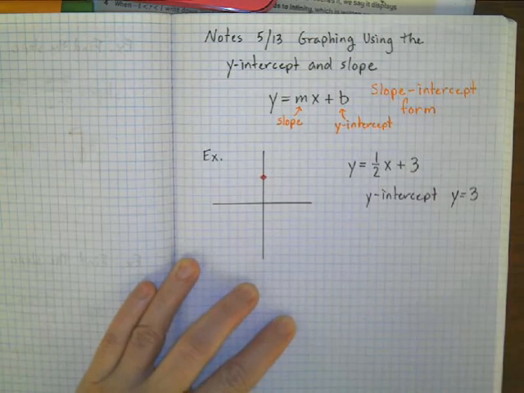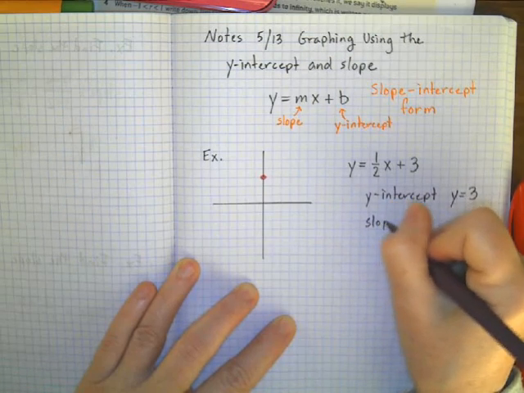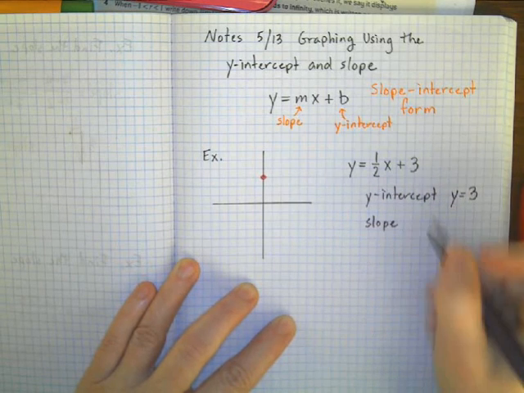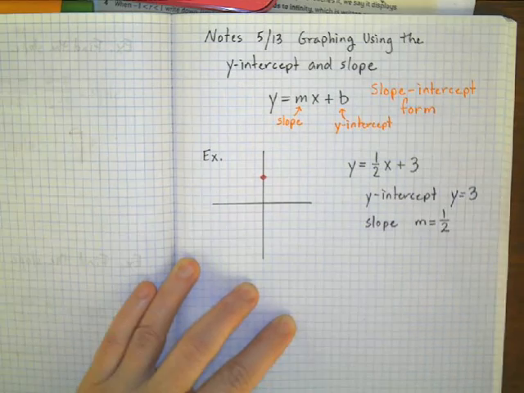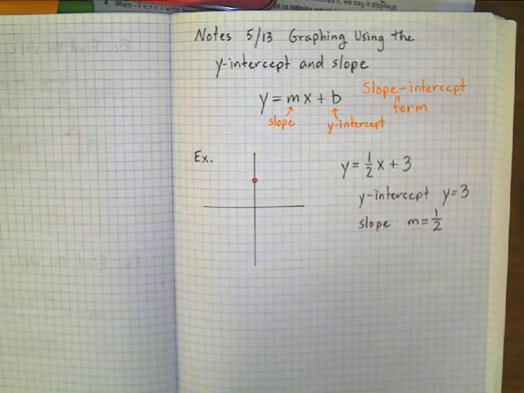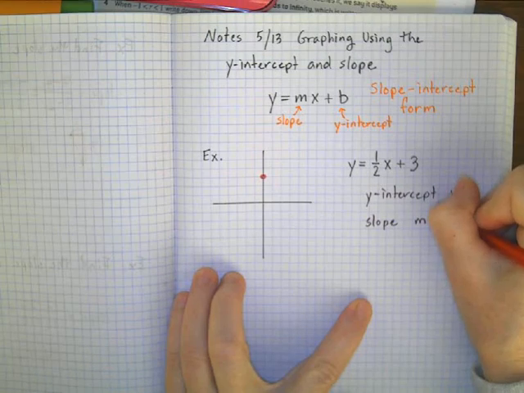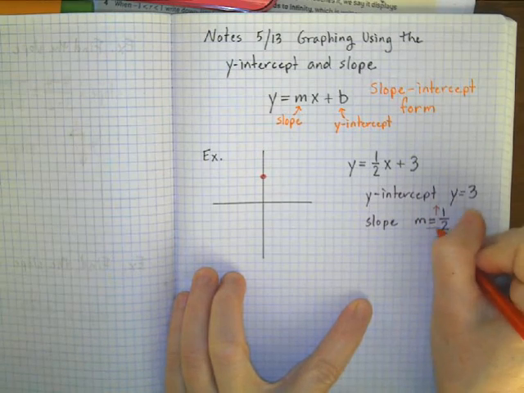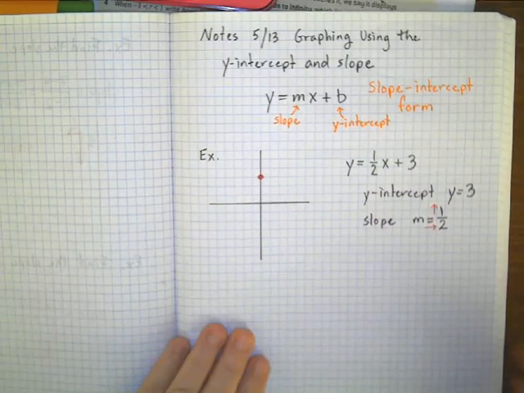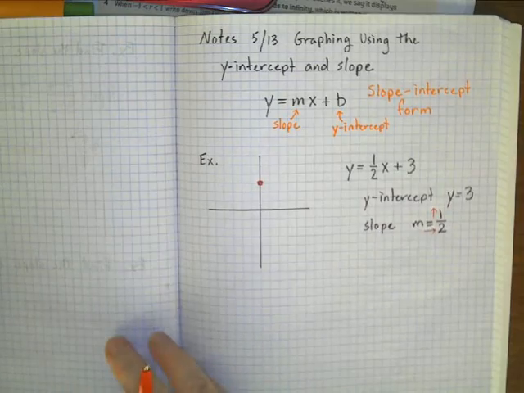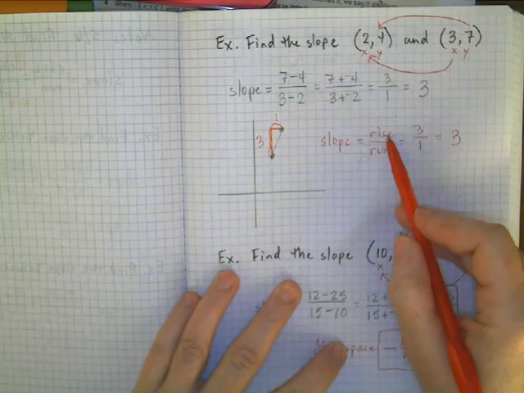Now, what's my slope? My slope is the number with the x, which is 1/2. So we say m for slope equals 1/2. Now, how do we get slope? Well, slope, remember, we got by doing rise over run. This is my rise, and this is my run. If we look back at some other graphs, see my slope is rise over run.